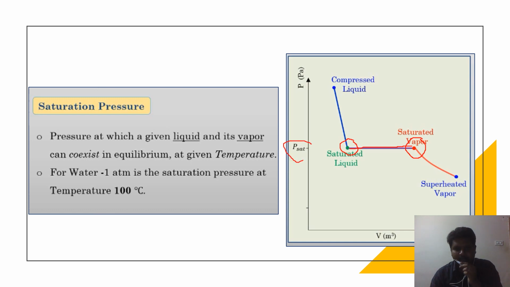The pressure at this horizontal line is called saturation pressure, where liquid and its vapor can coexist in equilibrium. For water, 1 atmosphere is the saturation pressure at a temperature of 100 degrees centigrade.